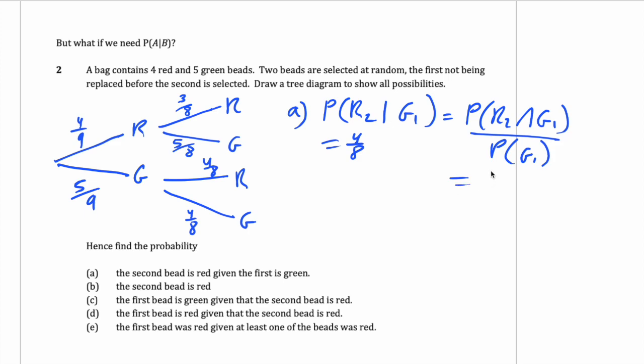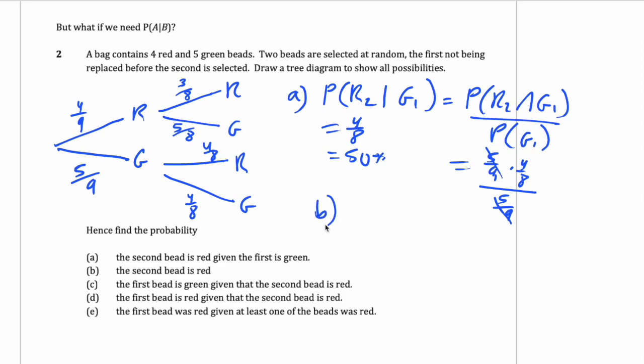Well, R2 and G1 is 5/9 times 4/8. It's this branch right here. The denominator is probability of the first one being green, which is 5/9. So you can see the 5/9 cancel, and you simply get 4/8 there, right? Or 50%, if you will.